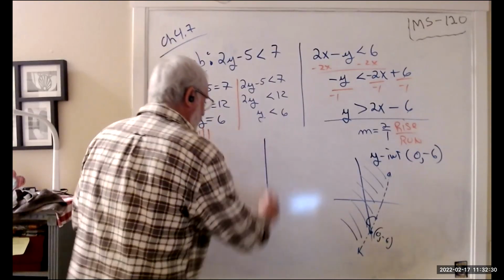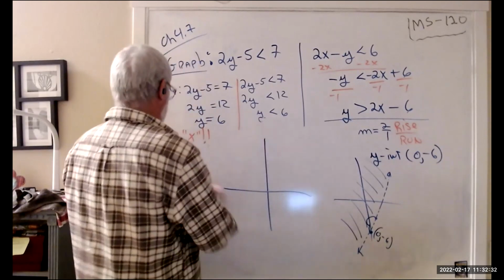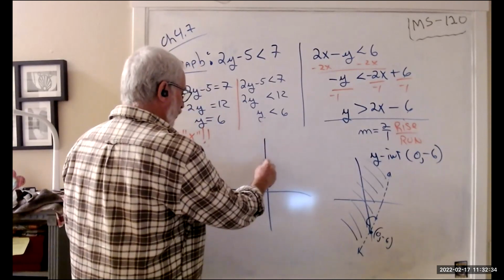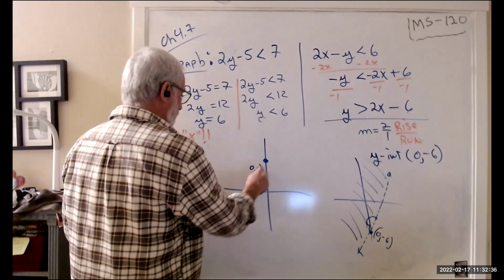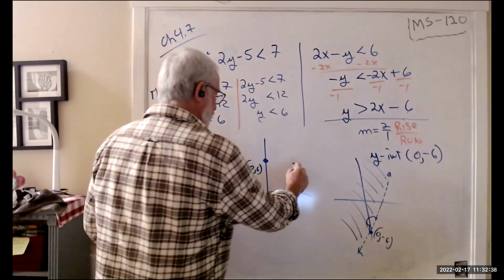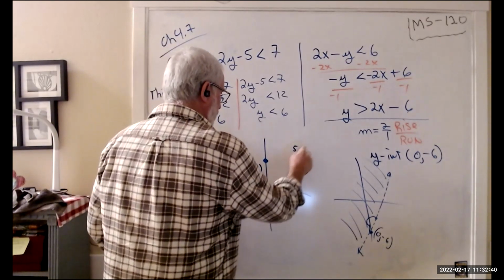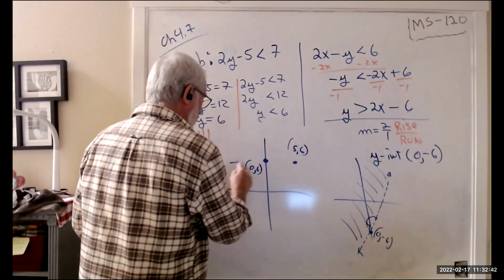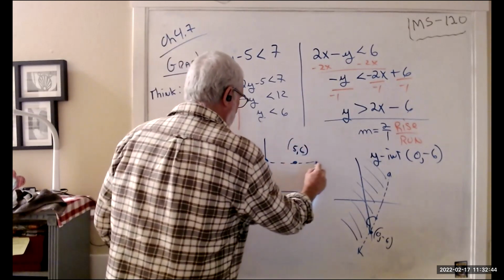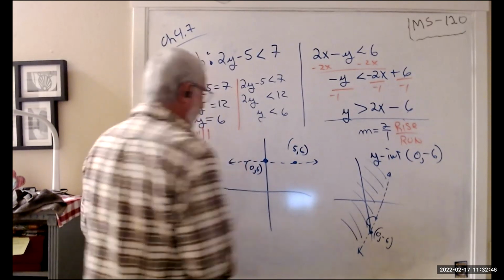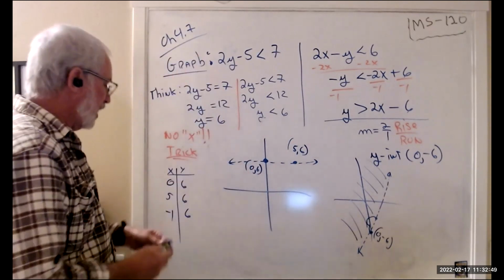So let's do the same line again. We're at 0, 6, sort of like there. 5, 6 is sort of like there, or wherever it is. Dotted line. Same picture, dotted line, everything.